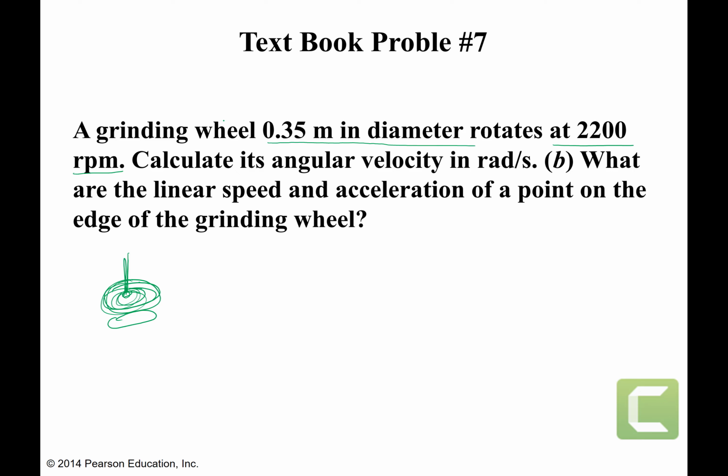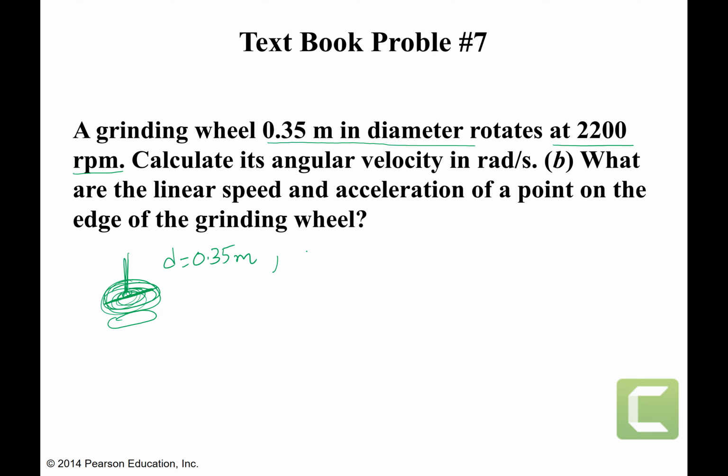Whenever revs per minute is given, it's the angular velocity. So be careful to understand this problem. It's not that easy, but has little things conceptually to be understood. Calculate its angular velocity in radians per second.